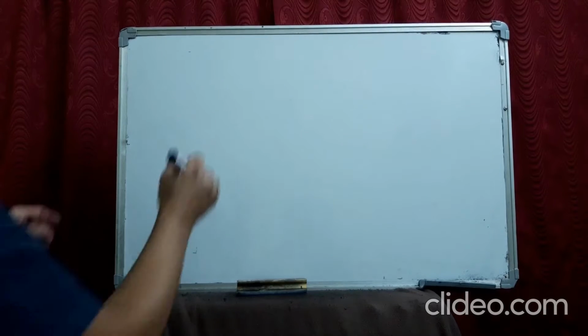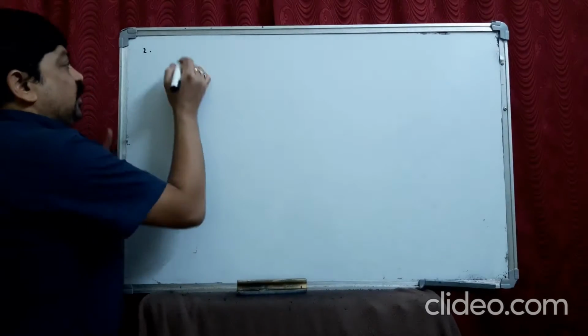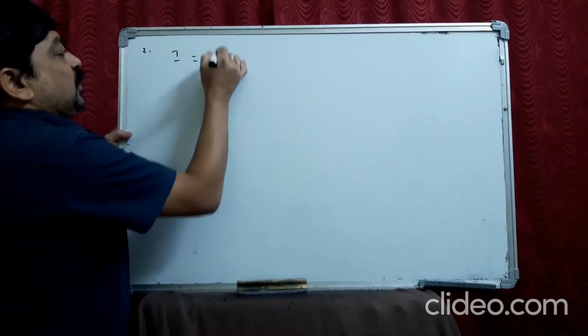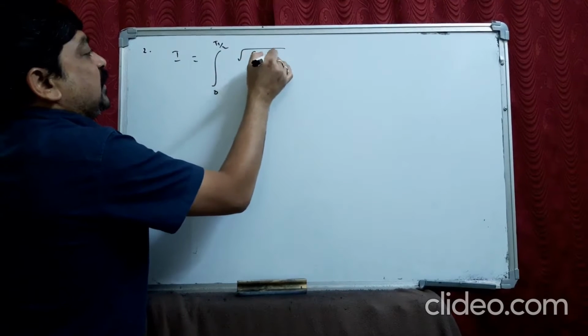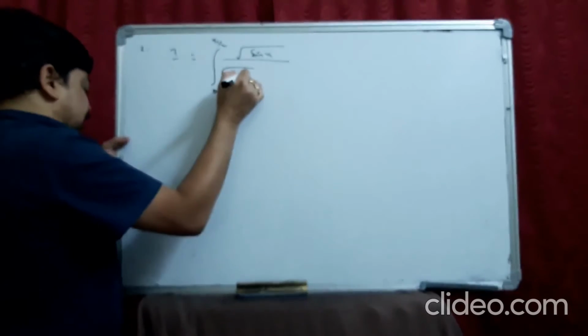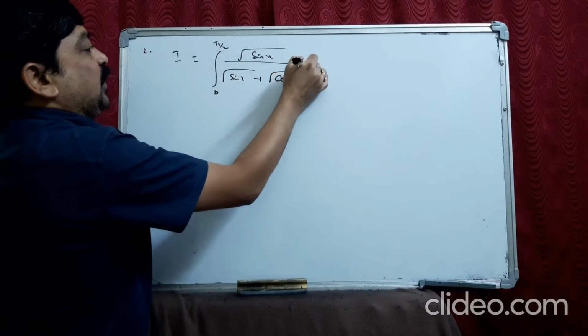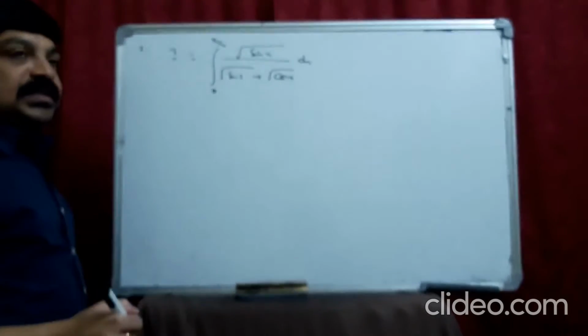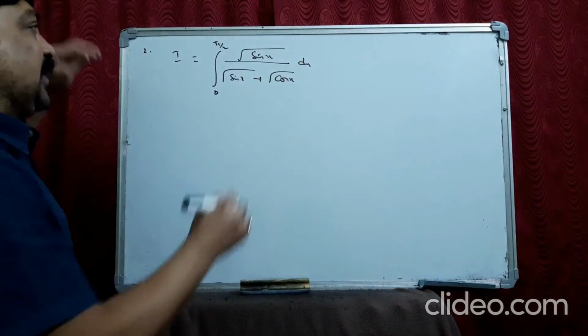Now see the second question. Integration I is equal to 0 to pi by 2 of root sin x by (root sin x plus root cos x). We apply the same property, the integral from a to b of f(x) dx is equal to f(a plus b minus x).